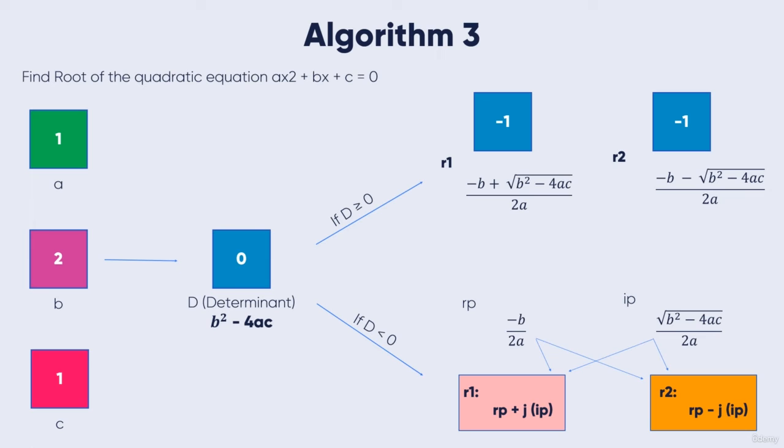In this case, we need to create two variables, r1 and r2, calculate the real and imaginary parts, and multiply the imaginary part by j. So this is the complexity in a small quadratic equation. How to solve this equation, we will learn later on: how to write the code responsible for making this algorithm work in many coding languages.